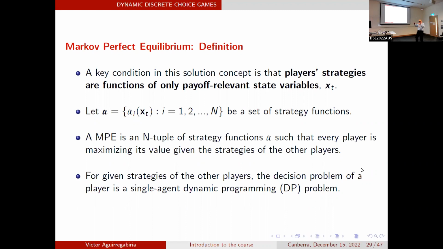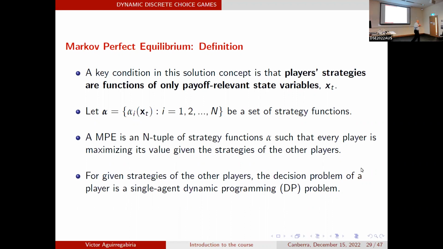Suppose that we were considering this type of meta games where players could also choose the amount of information that they use to construct their strategies. Well, what this type of model says is that if the other players are using only payoff relevant state variables, I cannot improve my payoffs in equilibrium if I use additional information, okay? And in some sense, using only payoff relevant state variables is kind of an equilibrium of this meta game, okay?